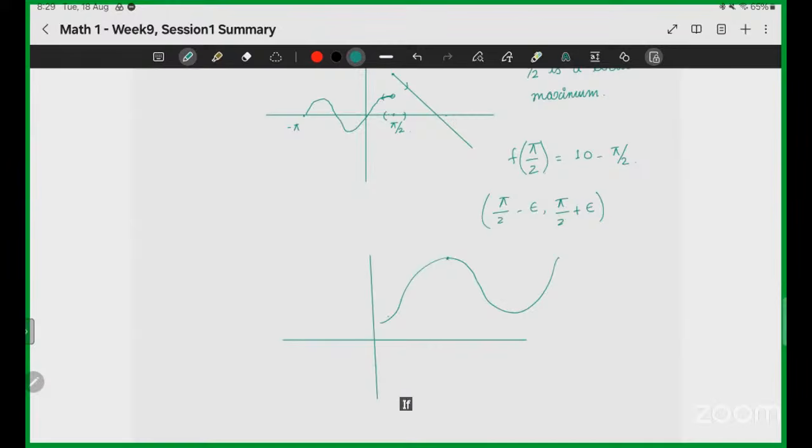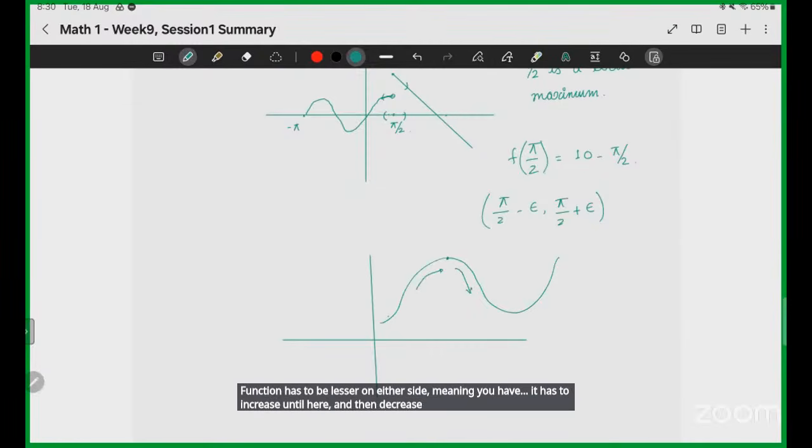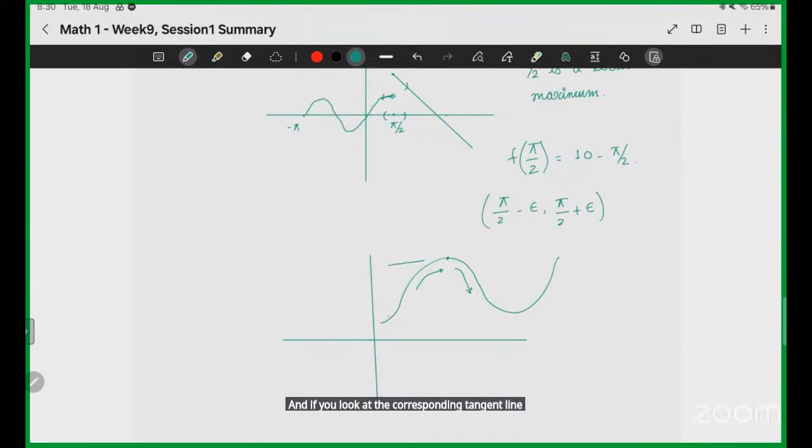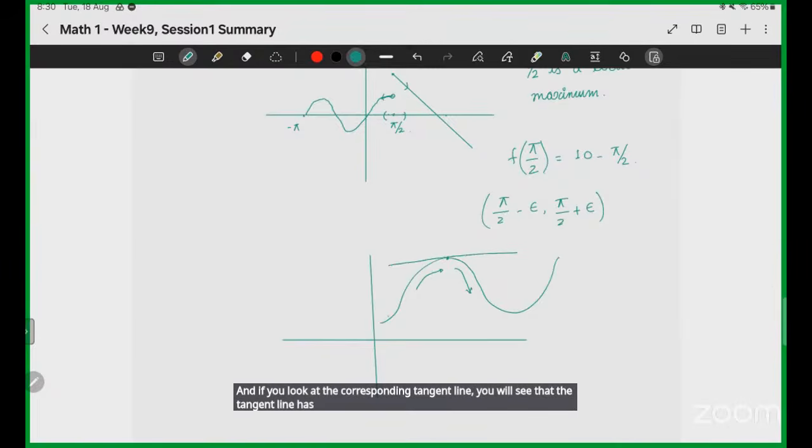If this is a point of local maximum, then the function has to be lesser on either side, meaning it has to increase until here and then decrease down there. And if you look at the corresponding tangent line, you will see that the tangent line has to be flat.